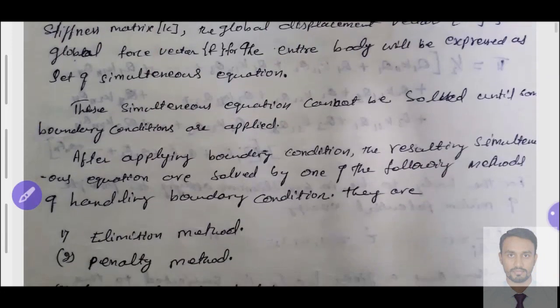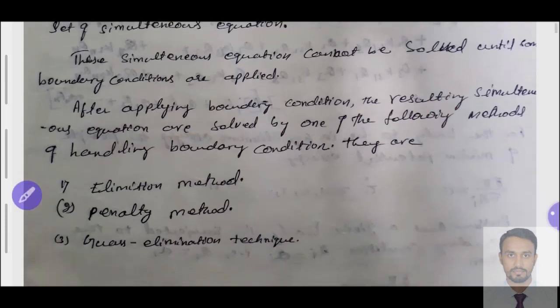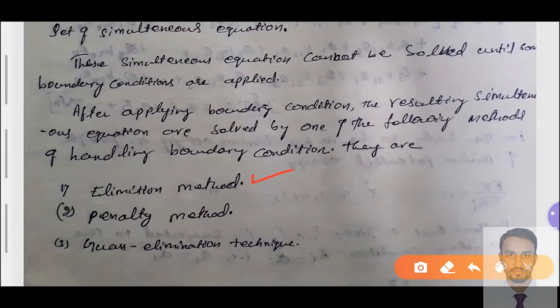After applying the boundary condition, the resulting simultaneous equations are solved by one of the following methods of handling boundary condition: the elimination method and the penalty method. To get an idea about the elimination method, the Gauss elimination technique is required, but it is not in your syllabus. So we need to recall this elimination technique that we did in maths.